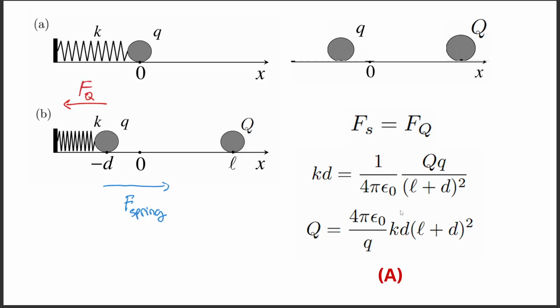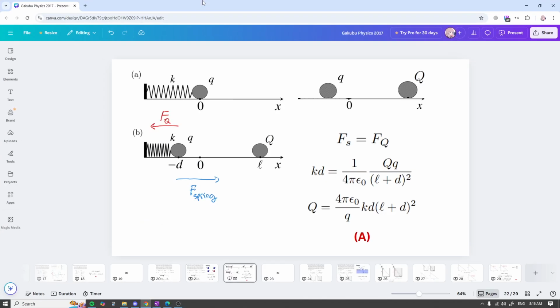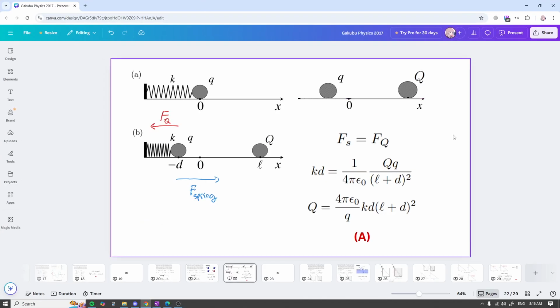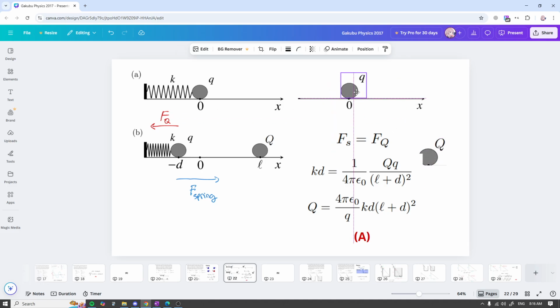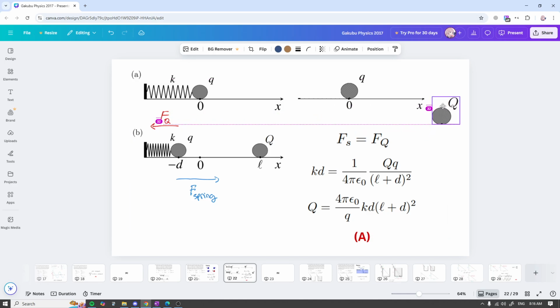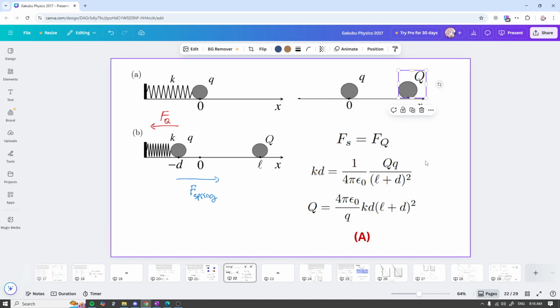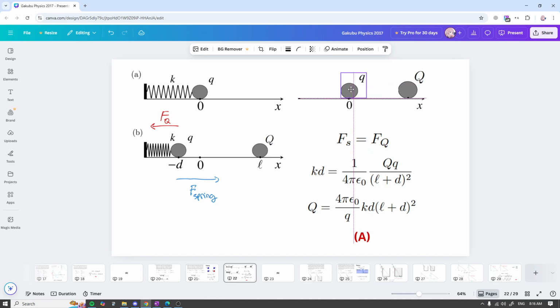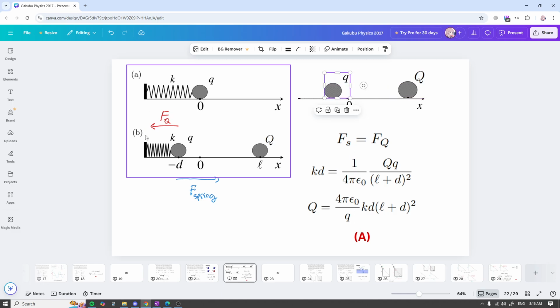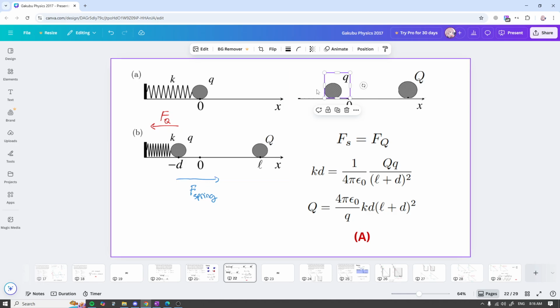So let me illustrate like this. At first there is a small q here, and then a big Q appears at distance L, and because they're both positive, they repel each other, so small q will move, repelled by big Q. But there is a spring here, so the spring pushes back in the right direction.